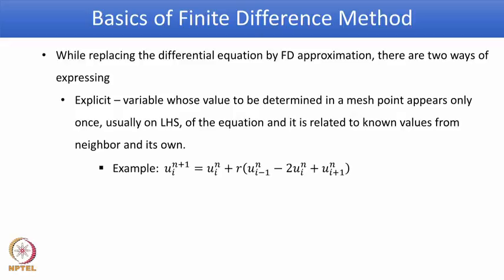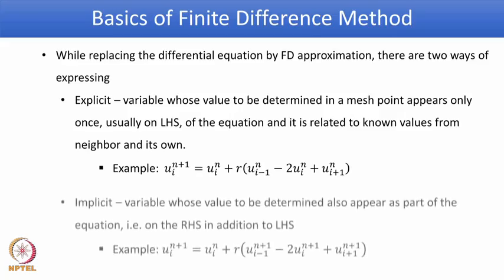Those old values are either from its own location, determined from the previous time level in the case of unsteady formulation, or for the same time level they are related to all the neighboring points. Such a formulation is known as an explicit formulation.